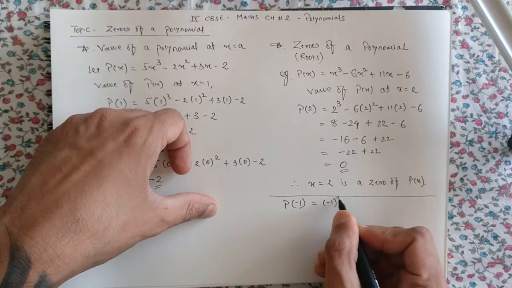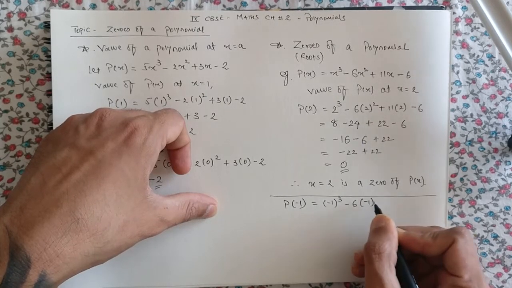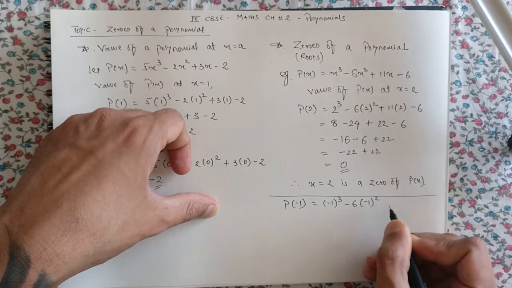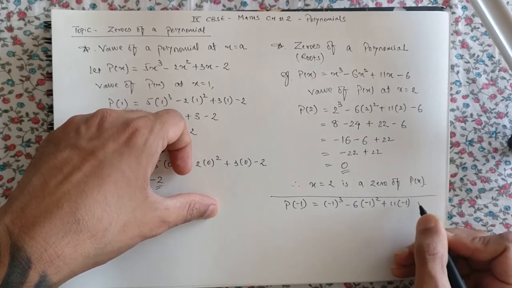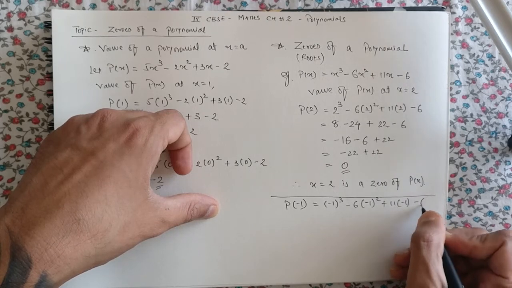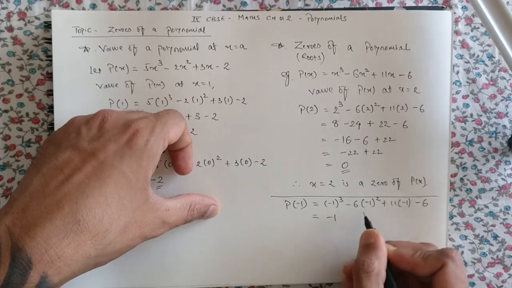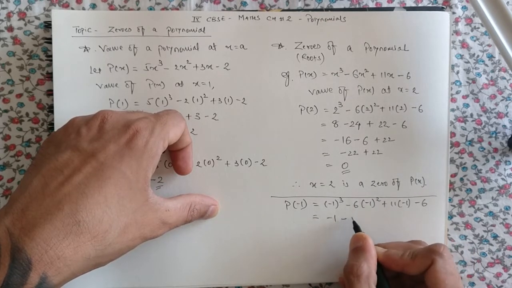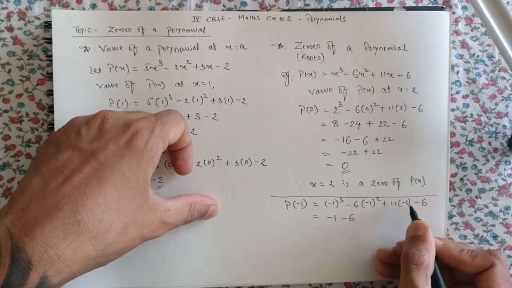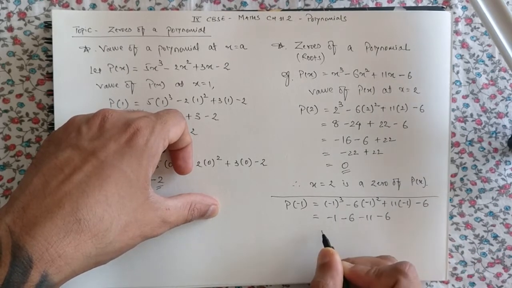So -1 cube, -6, same polynomial, but the value of x I am taking as -1. -1 cube is -1. -1 square is +1. +1 into -6, -6. 11 into -1 is -11, -6.